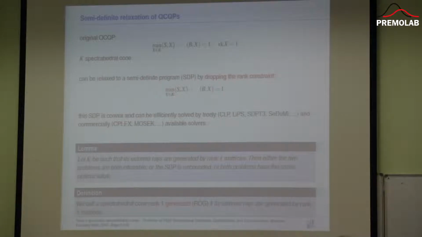So <A,B> is just the trace of A times B. So it's a sum over all elements of the element-wise product. So actually then we get <X,S> equal to <xx^T,S>, and this is equal to x^T S x. So this is how it arises.